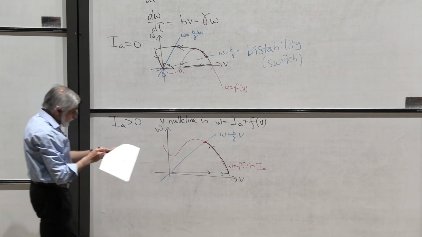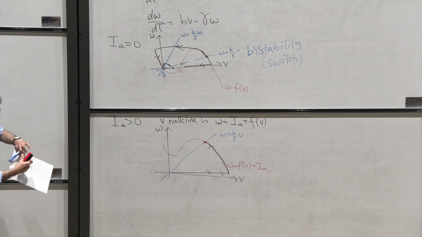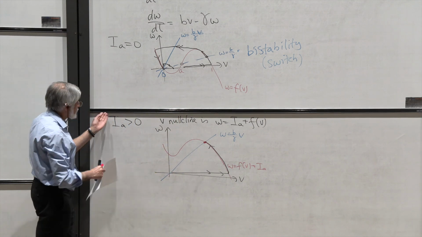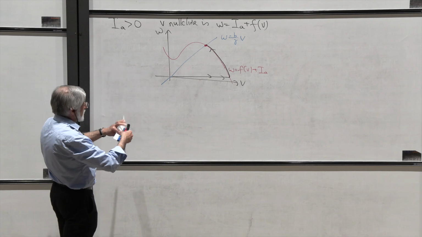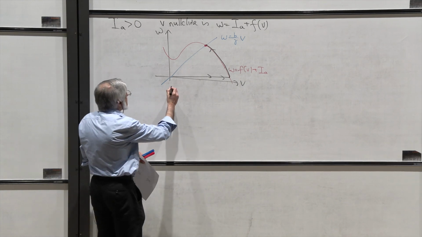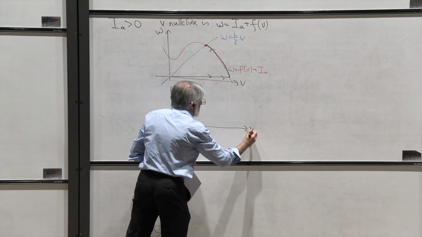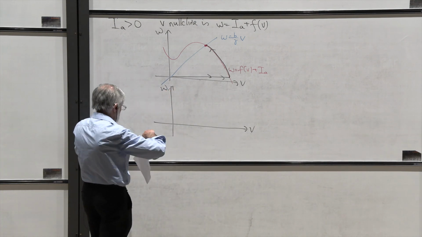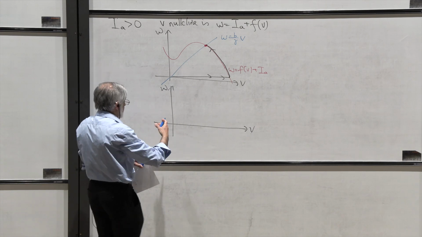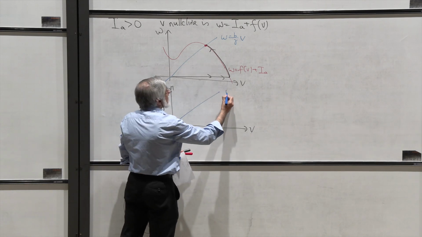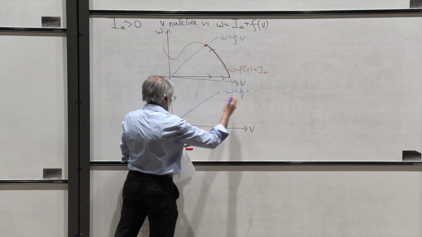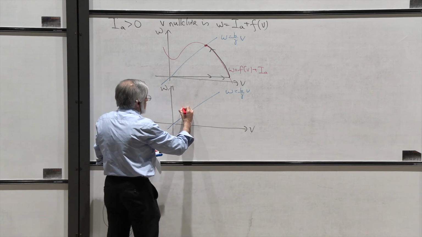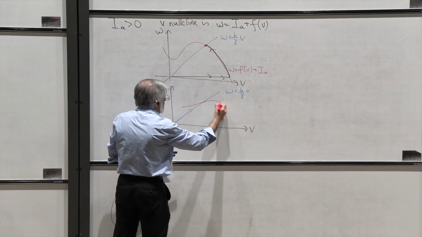So the last case for us to do is what happens if it only crosses the middle branch. Okay? And so get it crossing the middle branch.